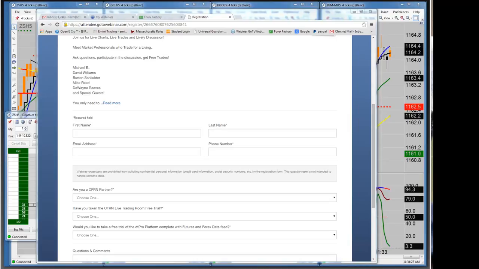You can't get in. Can't get in where? You got to get out of this one to get into that one. You can't be in both at the same time. Okay.